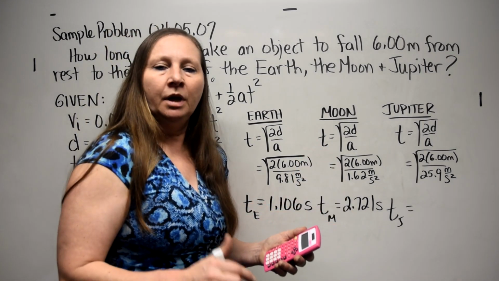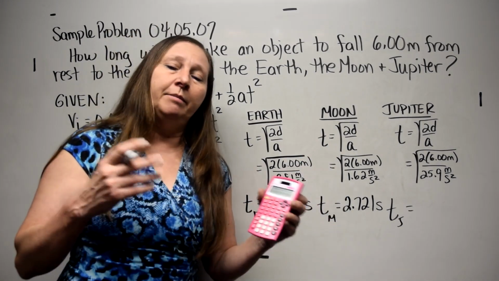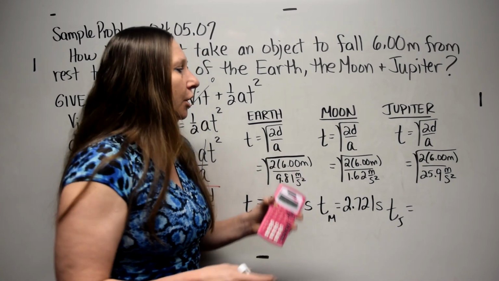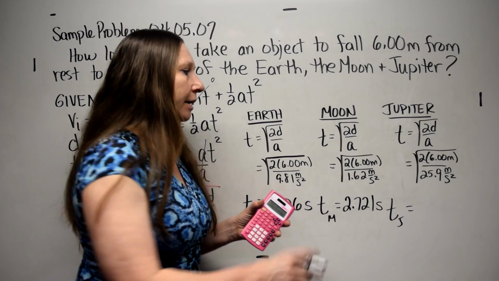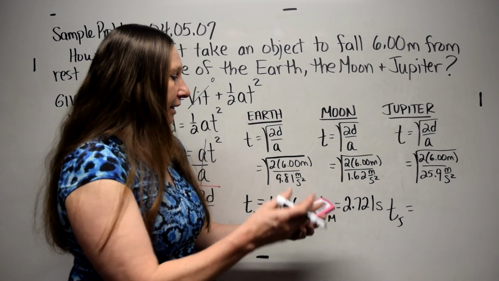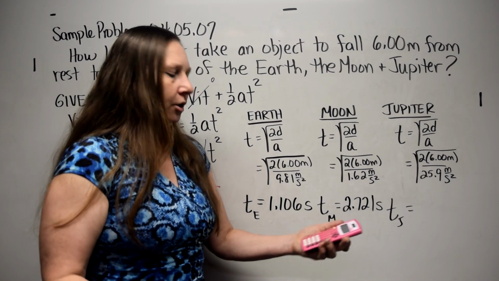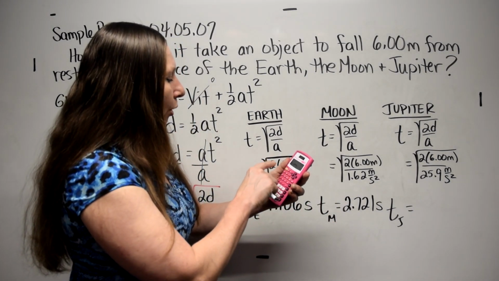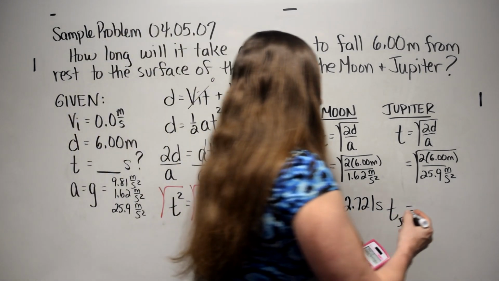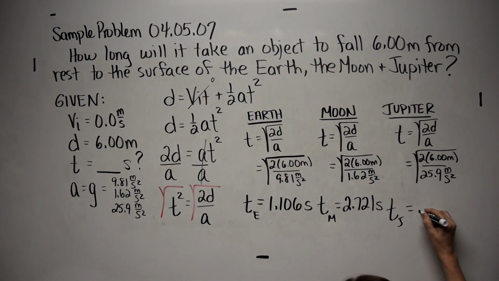This is what's great about making a common sense prediction. We predicted it would take the shortest amount of time to hit the ground on Jupiter. So when I got 35 seconds, I thought, wait a second, let me double check my math. Now I'm getting 0.6806. And that makes sense.